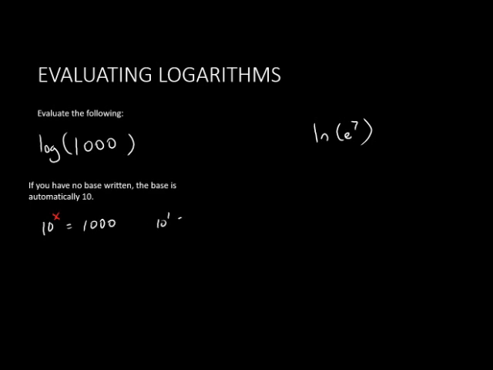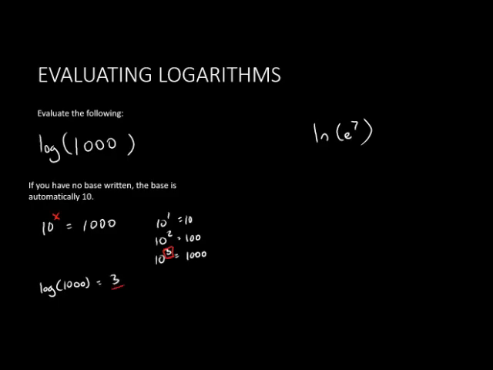Well, 10 to the first power would give us 10. 10 to the second power is 10 times 10, or 100. 10 to the third power would give us 1,000. This means the correct exponent is 3, and we can say log of 1,000, or common log of 1,000 if you wish, is just 3.